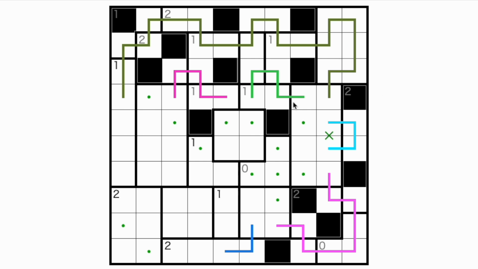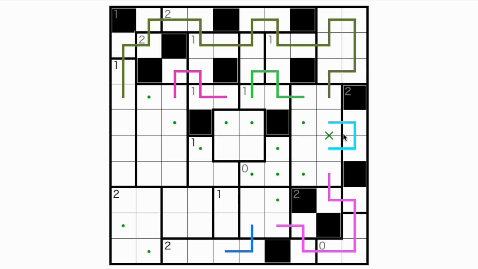Oh, okay. We can use a parity argument. By which I mean, in any area of the entire grid in a loop puzzle, we need to have an even number of entrances and exits, because otherwise we would have a dead end. Hopefully that is clear just from that description.